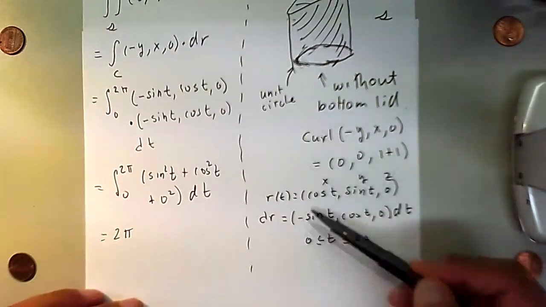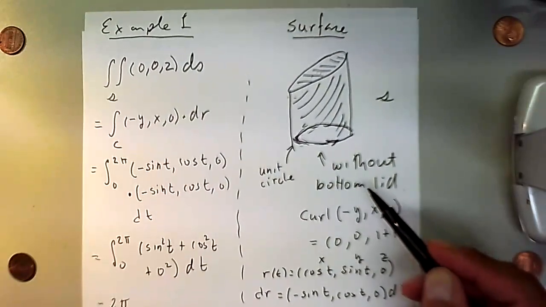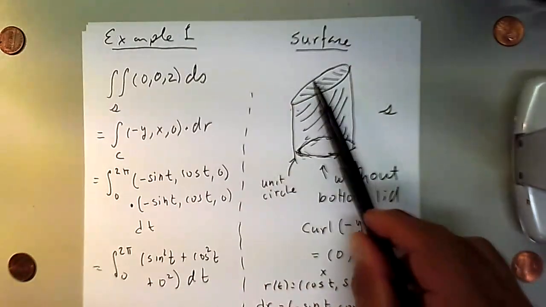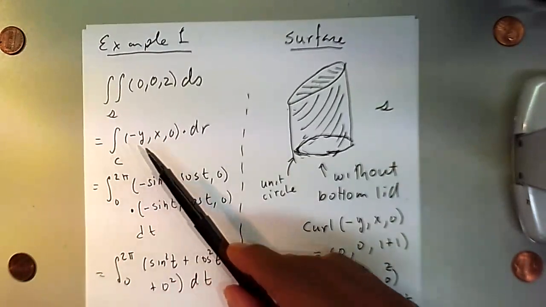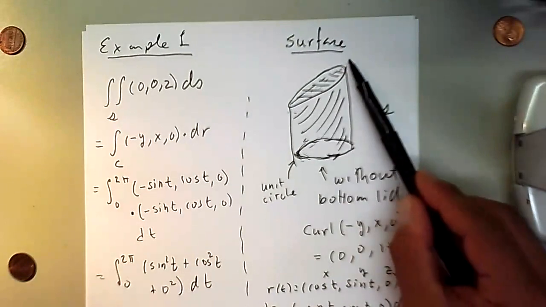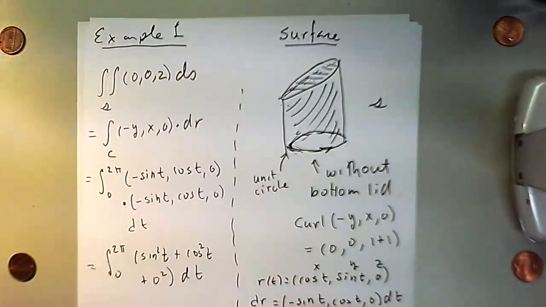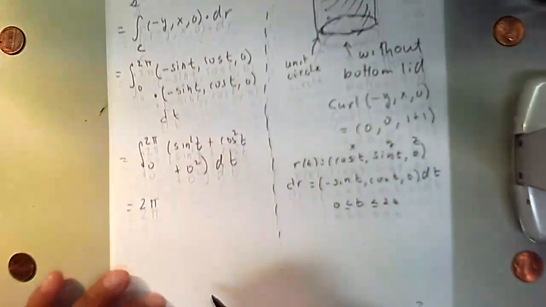It took almost more work to figure this out. When we did that, we used Stokes' theorem. Oh, we did not take into account the equation. The equation of the top lid was irrelevant. So let's add a note to example 1.